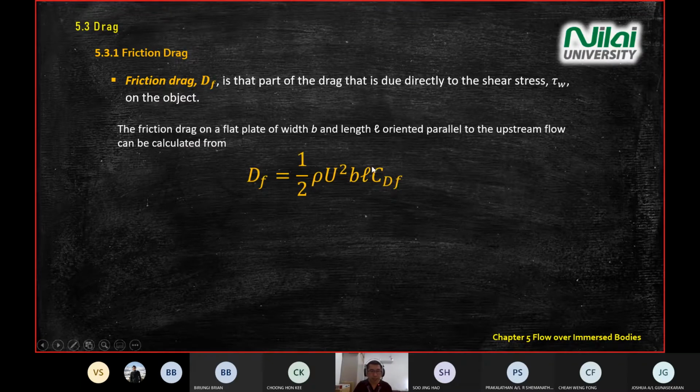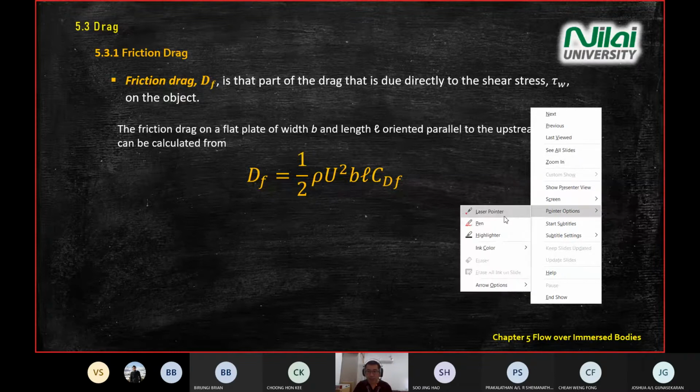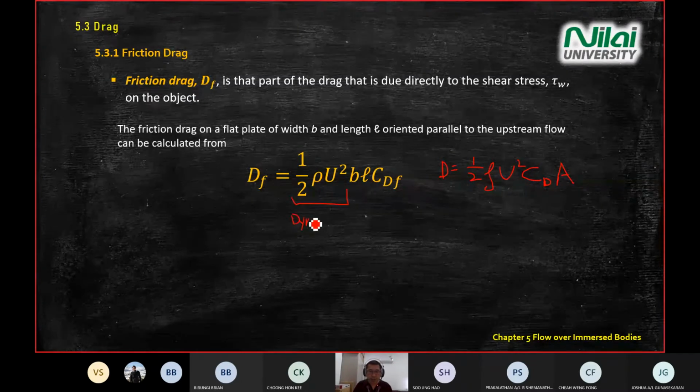If you want to calculate the friction drag because of the shear stress, it is given by this equation: half rho u square times B L C_Df, which has the same structure as the drag equation, D equal to half rho V square C_D A. This part is the dynamic pressure. B times L gives the area.